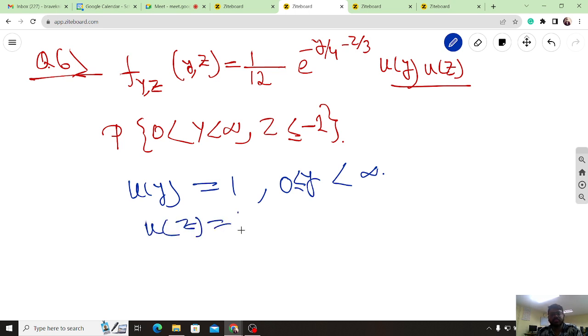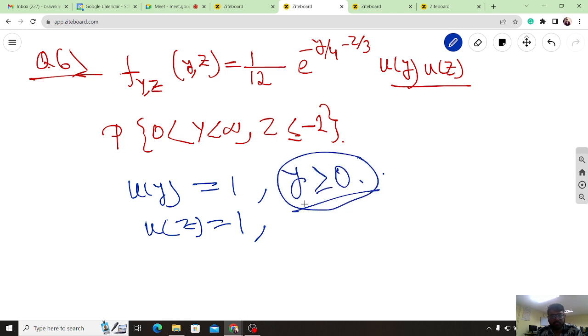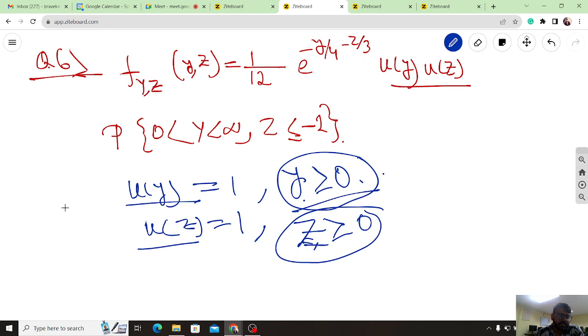And u of z is also similarly 0 to infinite. Sorry, notational, I mean that y should be greater than 0 for these values. Similarly, z should be greater than 0. Because these are the unit step functions.